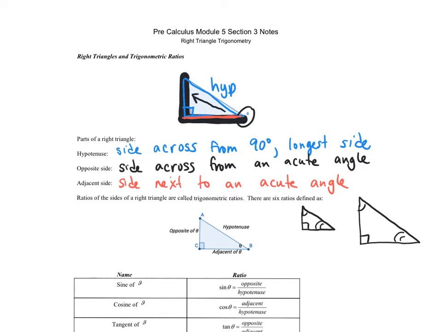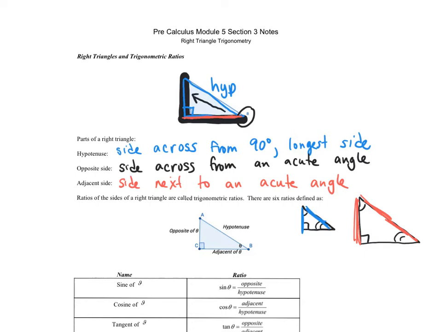Well, these are now similar triangles, as you know from geometry. So if I take this side divided by this side in the little triangle, and I take the same two sides in the bigger triangle that have the same angles, the ratio of those two sides will be the same. And so we just call those trig ratios.